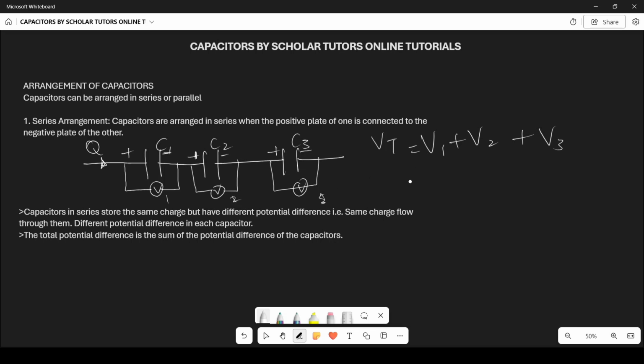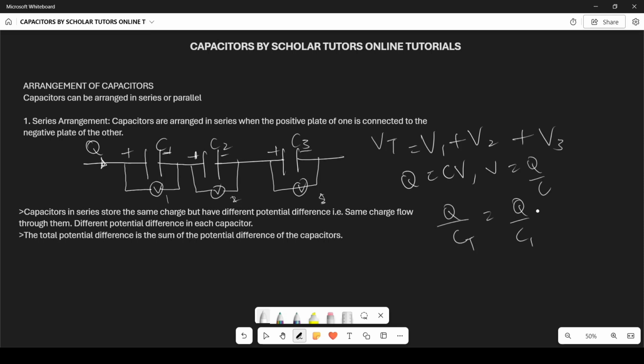But remember, we said Q is equal to CV. That means V is equal to Q over C. We can also introduce that concept here. Since the same quantity of charge flows through them, we have the same Q. So we can say Q over C total is equal to Q over C1 plus Q over C2 plus Q over C3.